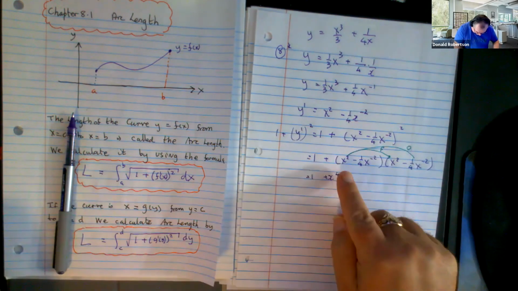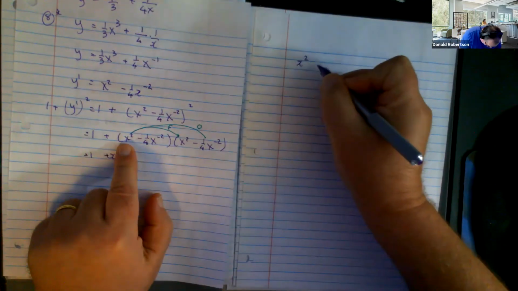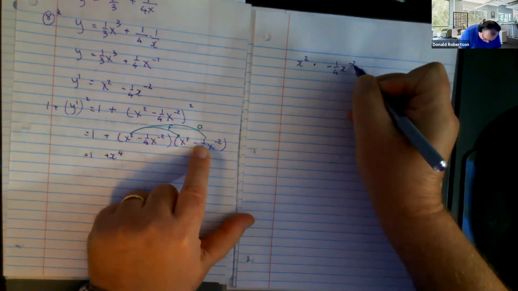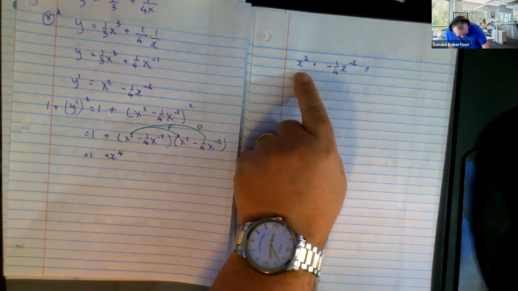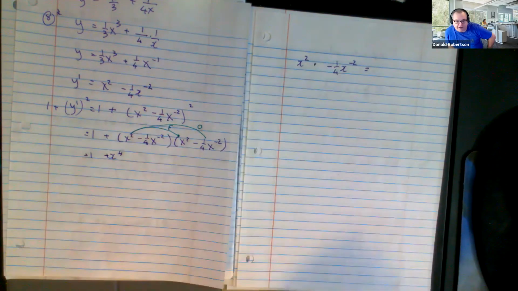x squared, I might do that on a new piece of paper. x squared times -1/4 x to the -2. What does that get you when you multiply an x squared by -1/4 x to the -2?